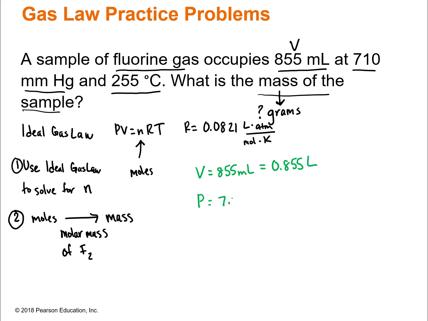Our pressure is 710 millimeters of mercury. Divide by 760 millimeters of mercury, and that will give you the pressure in atmospheres. Then our temperature is 255 degrees Celsius.